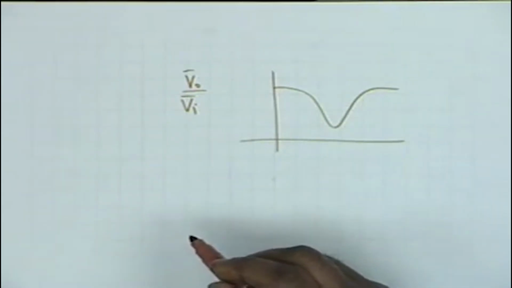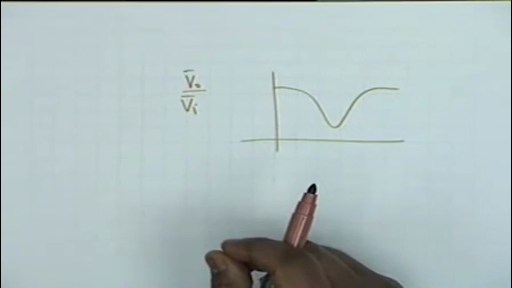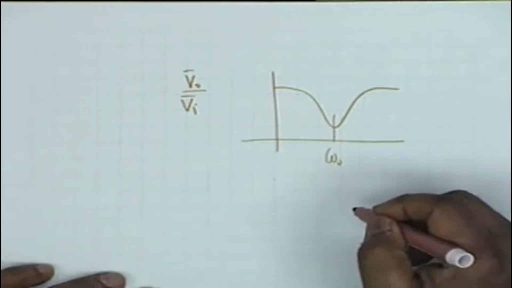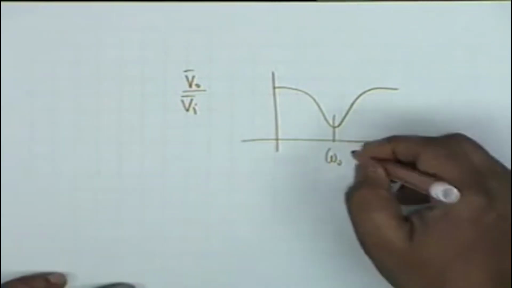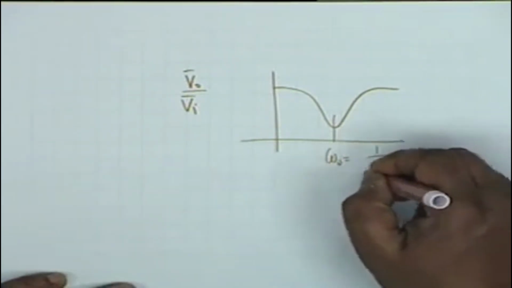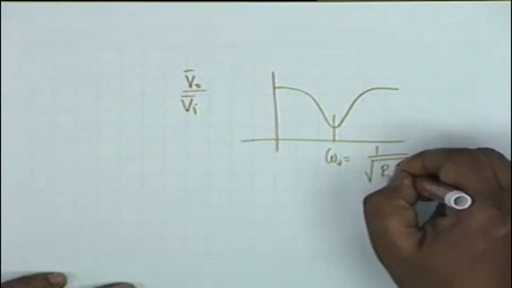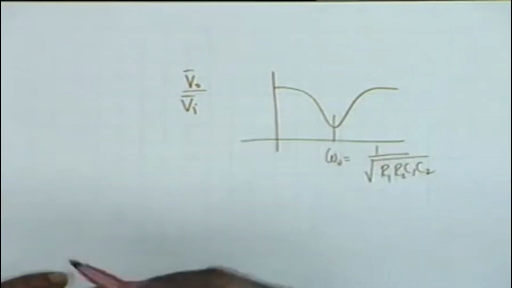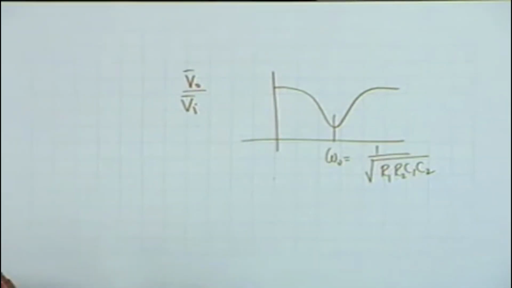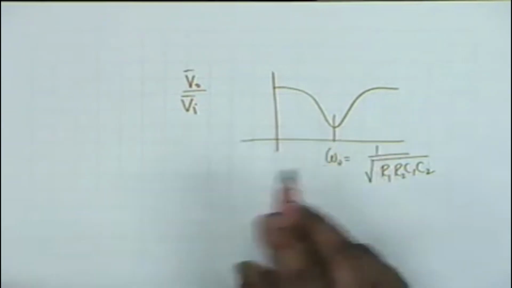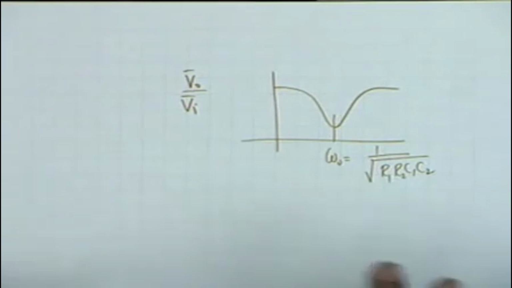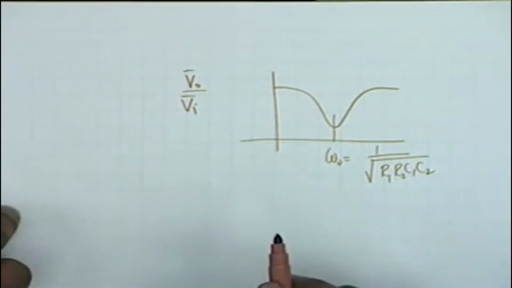It acts as a band stop filter with a center frequency of the stop band, which is given by 1 by square root of R1, R2, C1, C2. Alright, and the width of this will depend on the relative values, that is omega 1 and omega 2. It depends on the relative values of the various components, but I will skip that algebra.